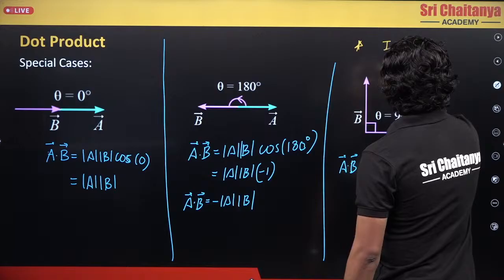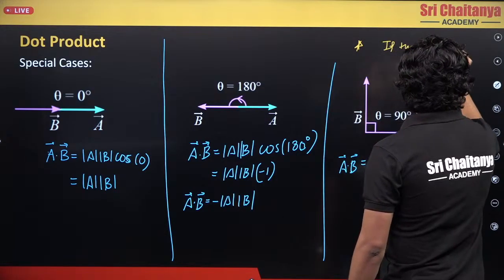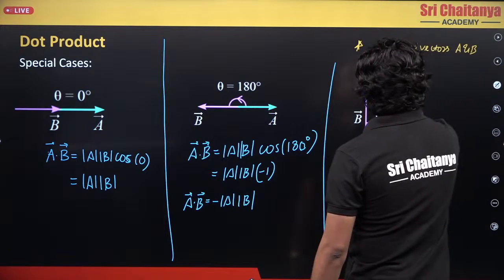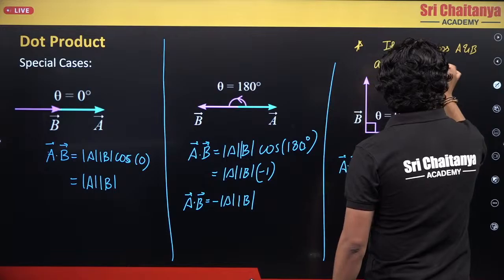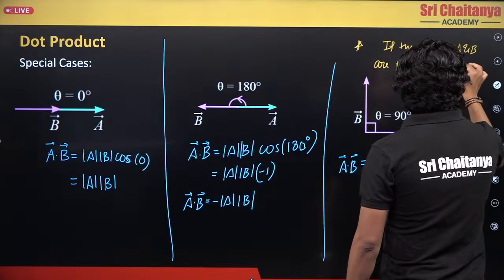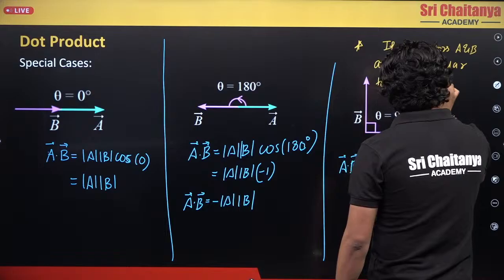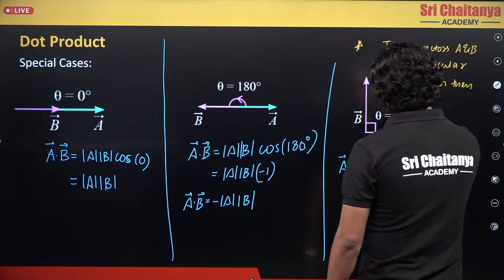That if two vectors A and B are perpendicular to each other, then their dot product will be 0.